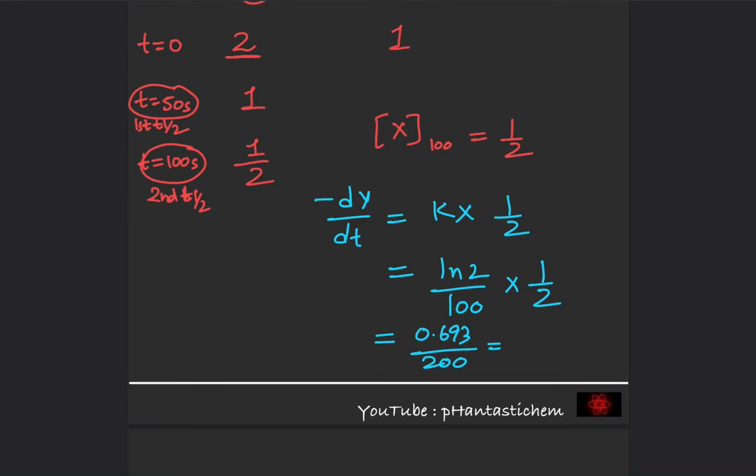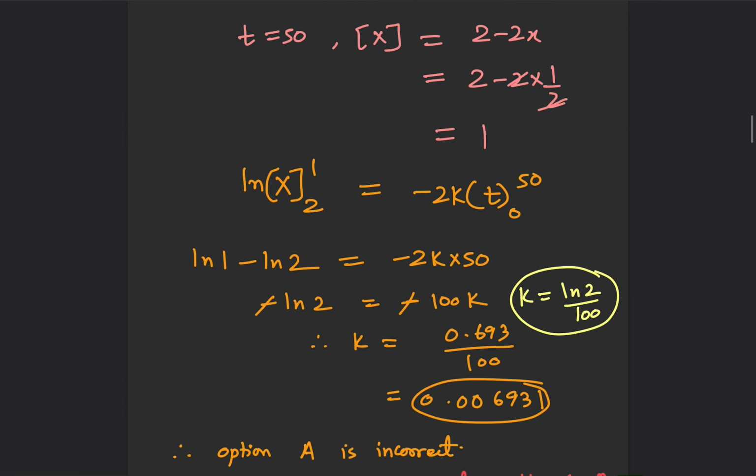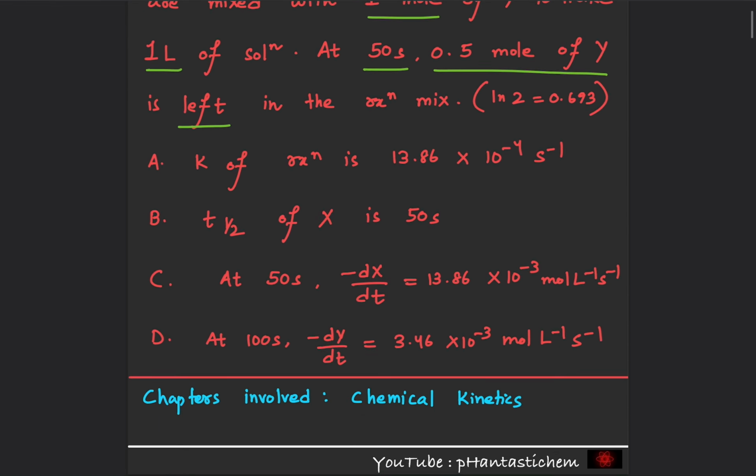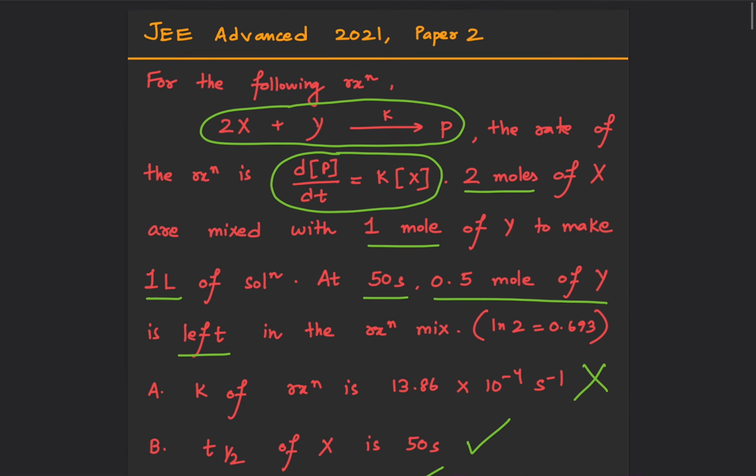When you do this calculation, you will get 0.00346, which can be written as 3.46 into 10 to the power minus 3. So therefore D is also a correct option. Okay. So therefore A is incorrect, B is correct, C is also correct, and D is also correct.